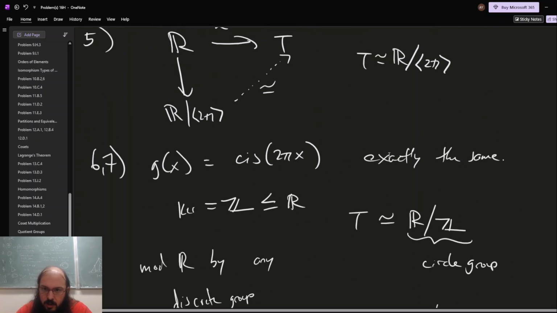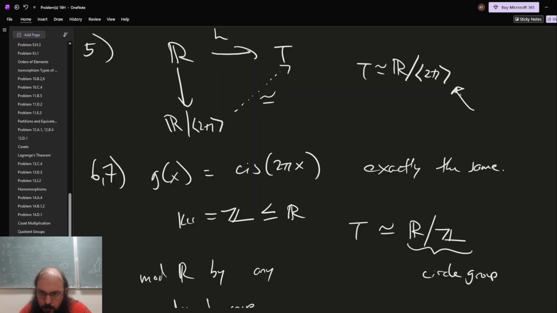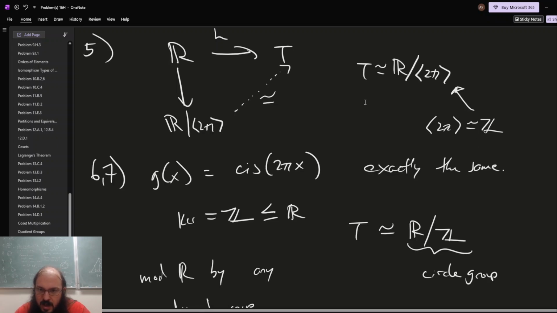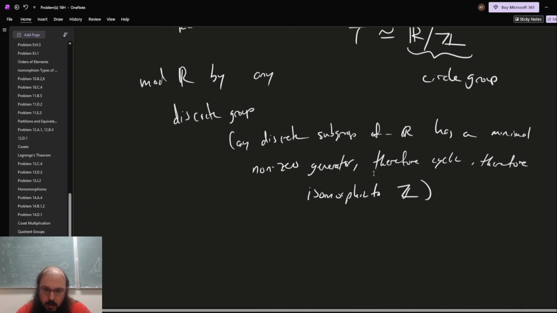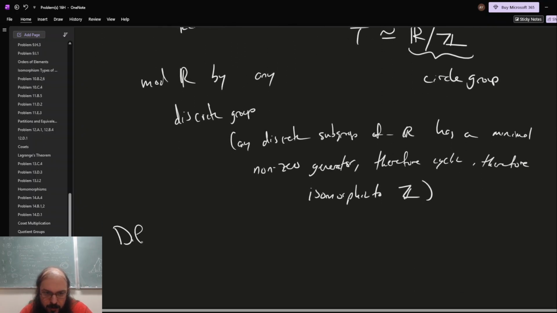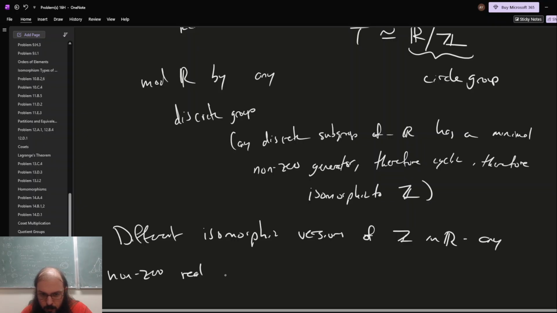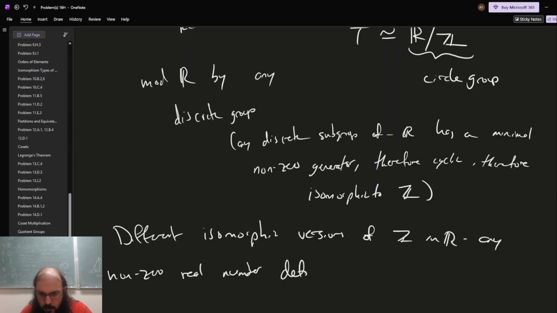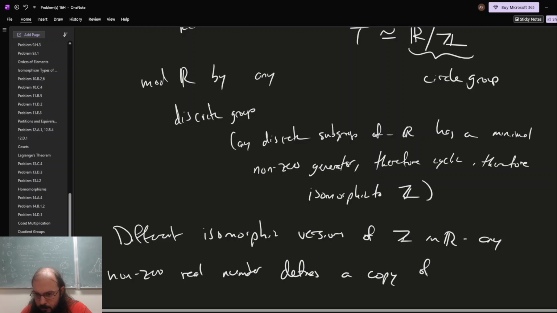But what this is showing is that this 2 pi Z is also isomorphic to Z. So in particular, what we're seeing is T can be realized as R mod Z for different isomorphic copies of Z. So in other words, there are different isomorphic versions of Z in R. Any non-zero real number defines a copy of Z in R by looking at its multiples.